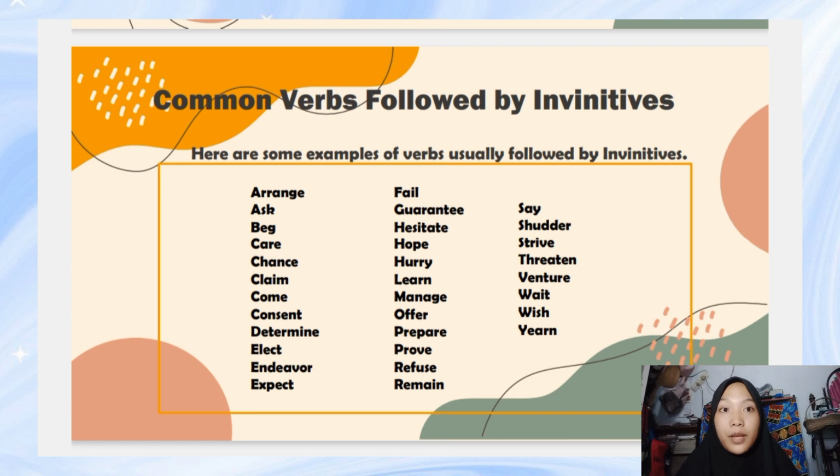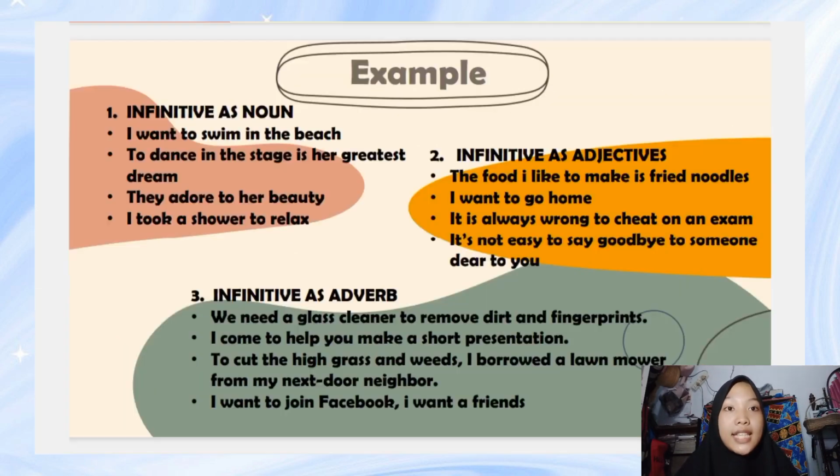Here are some examples of verbs usually followed by infinitives: arrange, ask, beg, care, change, claim, come, consent, determine, elect, endeavor, expect, fail, guarantee, hesitate, hope, hurry, learn, manage, offer, prepare, prove, refuse, remind, say, shudder, strive, straighten, venture, wait, wish, yearn.